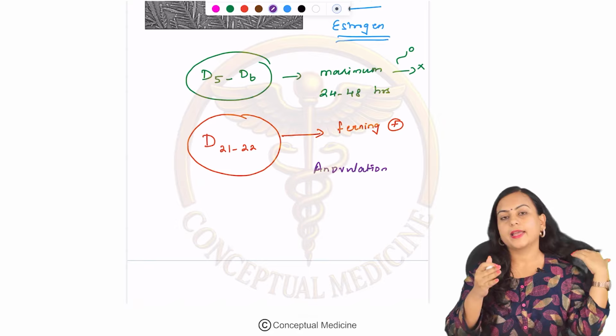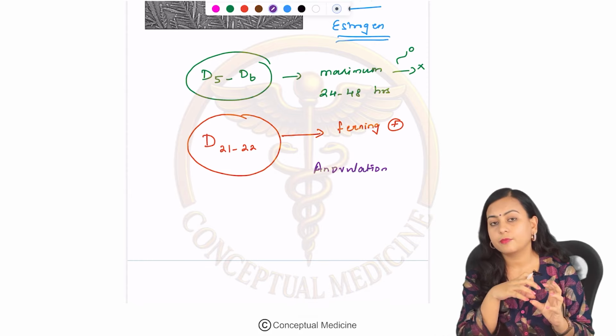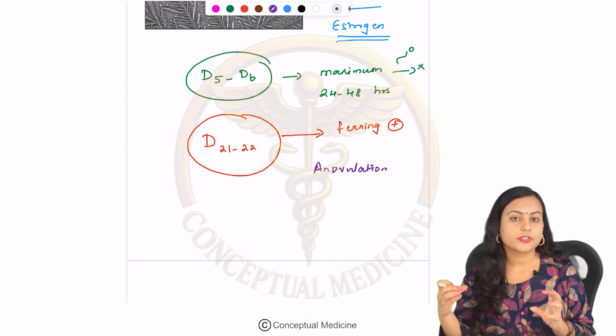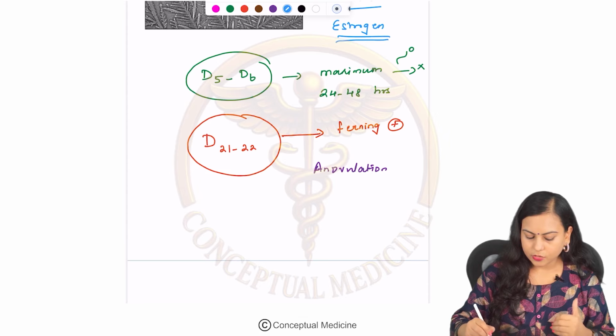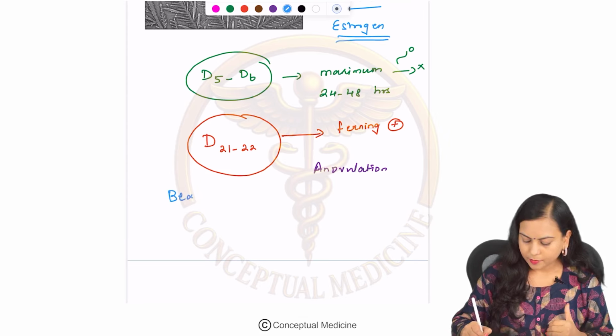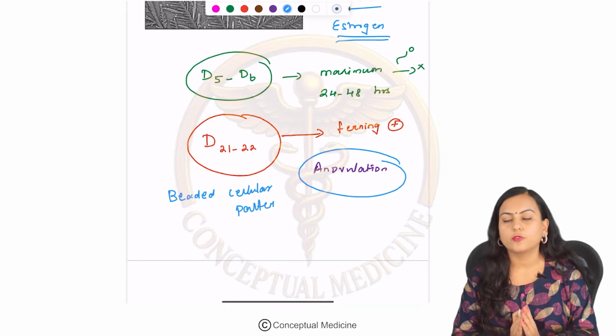Okay, because by the 14th day ovulation would have happened. The effect of estrogen would have become less, and under the effect of progesterone this ferning will not be seen. Under the effect of progesterone, you will see something like a beaded cellular pattern. So if ferning is still present, that means the woman has anovulation.